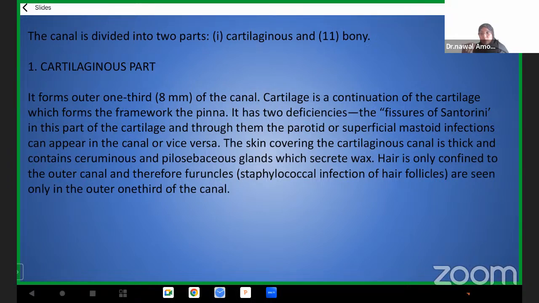Through them, the parotid or the superficial mastoid infections can appear in the canal and vice versa. Hair is only confined to the outer canal, and therefore furuncles are also present. Furuncles are more prone to staphylococcal infection. So these are clinical anatomies.